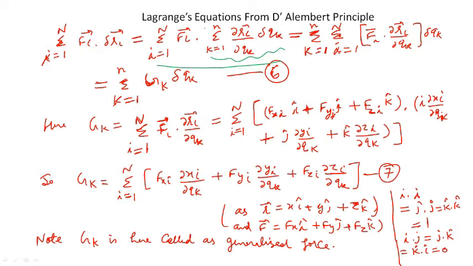So we can write here the term sigma k from 1 to small n and sigma i from 1 to capital N Fi into del Ri over del Qk into delta Qk. Now we can write this term as sigma k from 1 to small n Gk into delta Qk. Here Gk is equal to sigma i from 1 to capital N Fi into del Ri over del Qk.